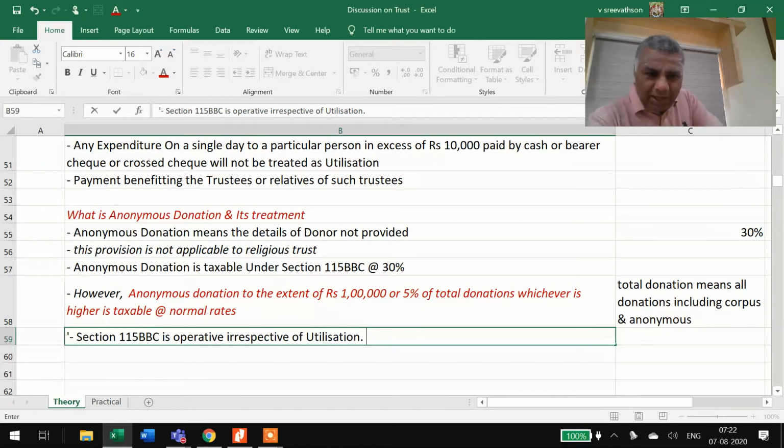No. Similarly, I got anonymous donation in excess of 1 lakh or 5% of my total donation, but I used that anonymous donation. It's an examination question. Twice they have asked. If the anonymous donation is utilized, does that mean that I will not tax it? No. Anonymous donation, irrespective of its utilization, is taxable at 30% in excess of 1 lakh or 5%.